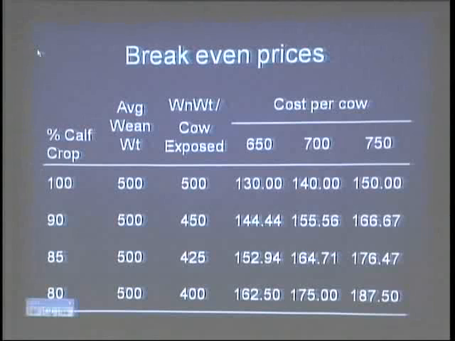Well, yes, indeed there is. If you lowered cow costs by $100 from $750 to $650, and were able to do that and only change your percent calf crop to 90%, also assuming your weaning weight stayed the same, you have a lower break even at that point than the higher pregnancy rate and the higher cost.